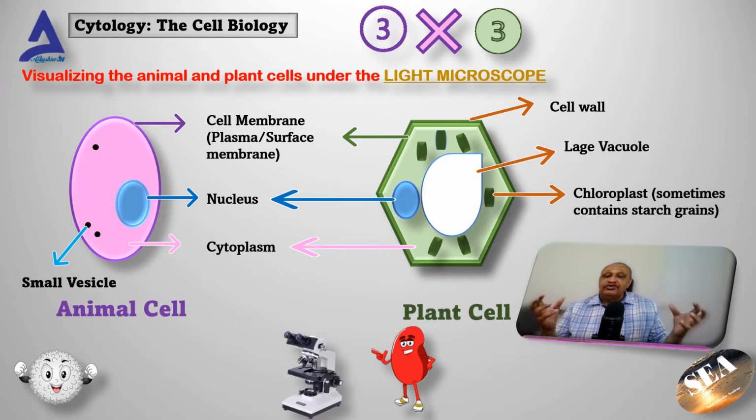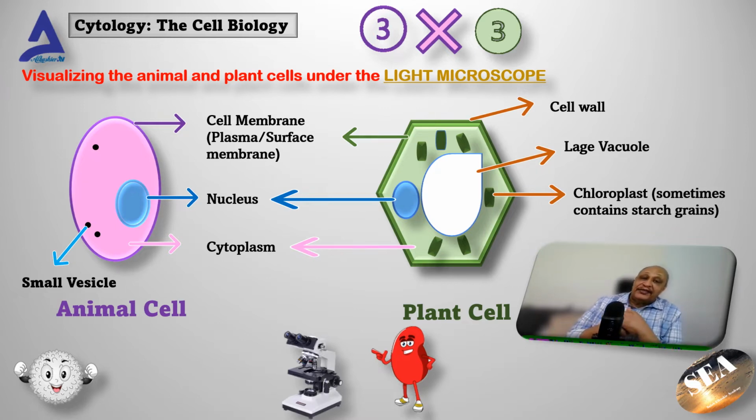We have two main categories based on the origin, either an animal cell or a plant cell. And here we are going to see them in these two sketches based on the visualization of animal and plant cells under the light microscope.